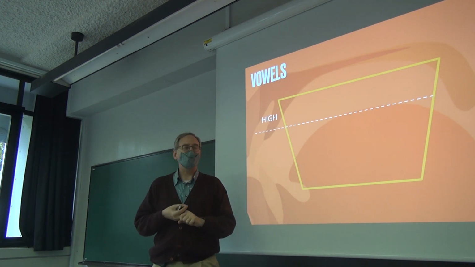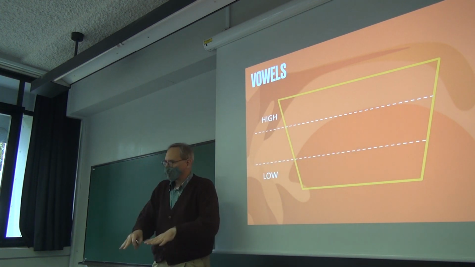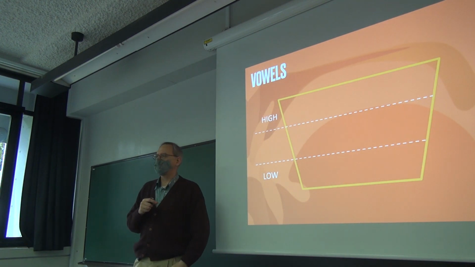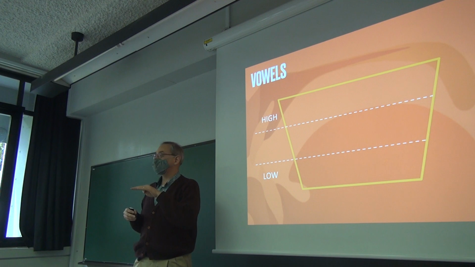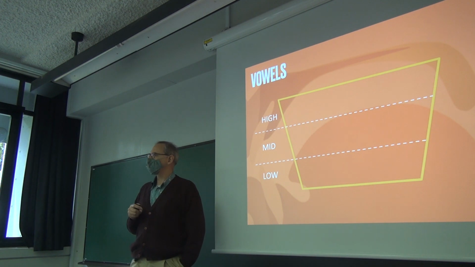Now, in some cases the tongue lowers, and we'll call those low vowels. And sometimes the tongue is neither raised nor lowered, so we'll refer to those as mid vowels. They're in the middle of the mouth.